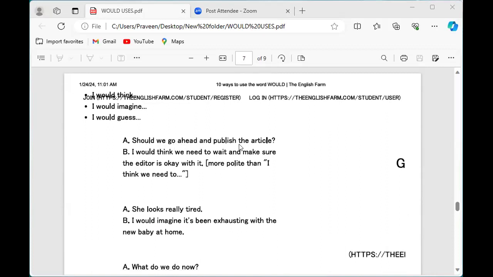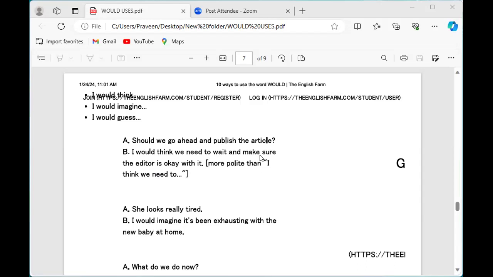Should we go ahead and publish the article? I would think we need to wait and make sure the editor is okay with it. So someone is asking, should we go ahead and publish the article? This person is not sure whether the editor is okay with it.